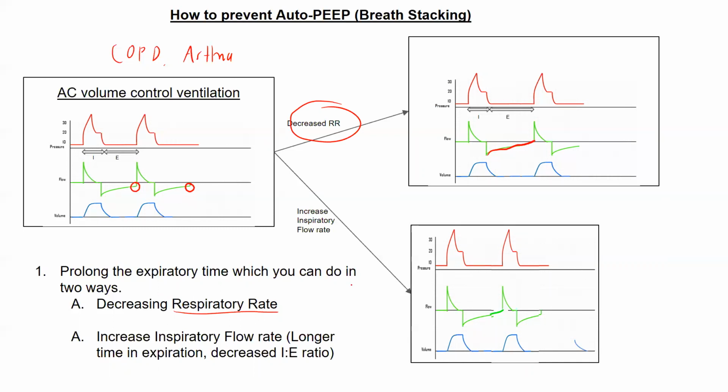It's going to get back to zero. Or increasing your inspiratory flow rate, which is going to make a decreased I:E ratio. So in those patients, you spend a smaller time in inspiration and a longer time in expiration, because it takes a shorter amount of time to inspire that same volume. And that's going to prolong your expiration, allowing it to go back to zero.